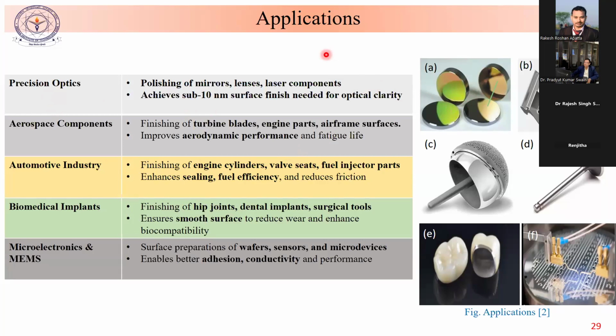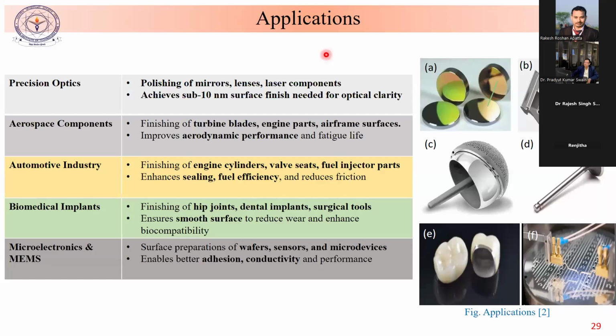We cannot use what we generally use in our homes, like glass, because it can break anytime. Let's say we are using a mirror in a telescope, and maybe in our satellite. So we want a mirror which can sustain it.